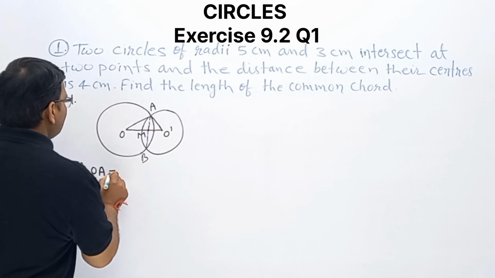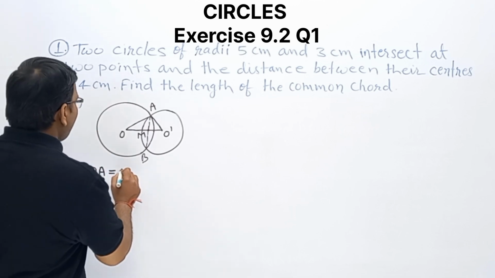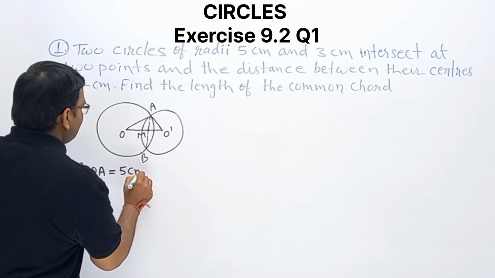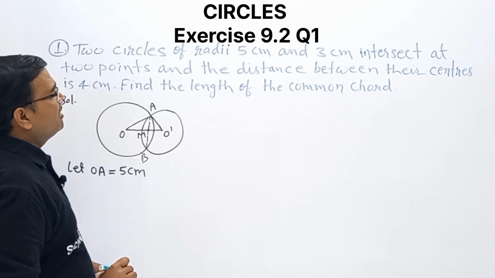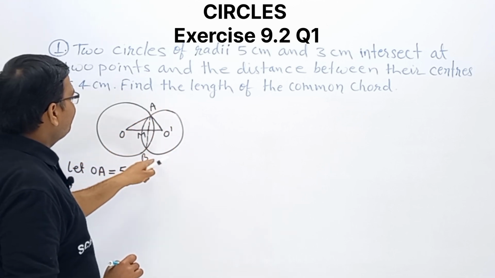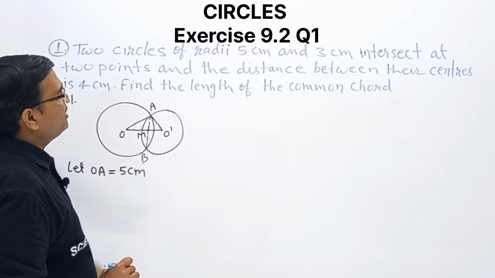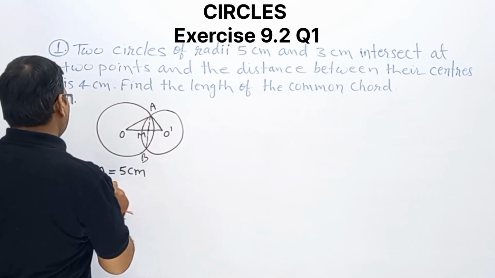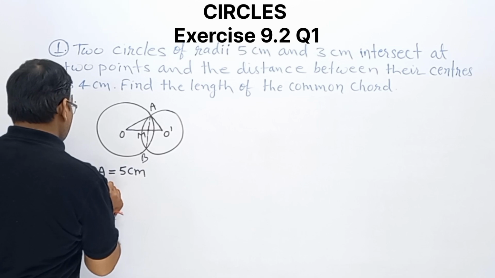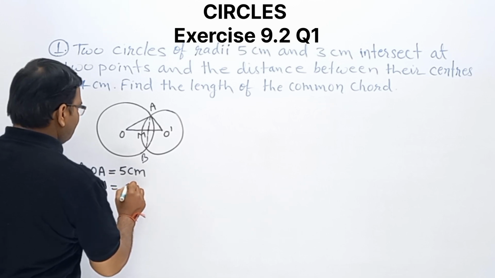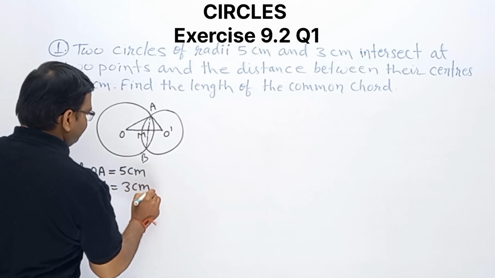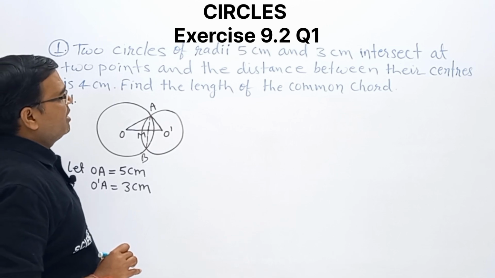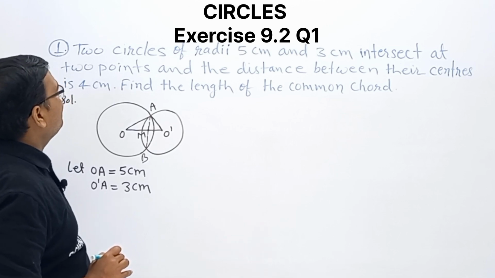It is given as 5 centimeter. Clear? Another circle is this one. Its center is O dash and its radius is O dash A, which is 3 centimeter.